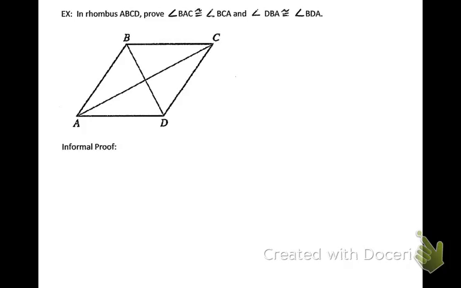All right. So in rhombus ABCD, we have to prove angle BAC is congruent to angle BCA, and angle DBA is congruent to angle BDA.